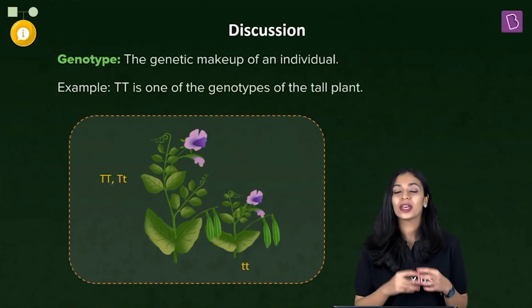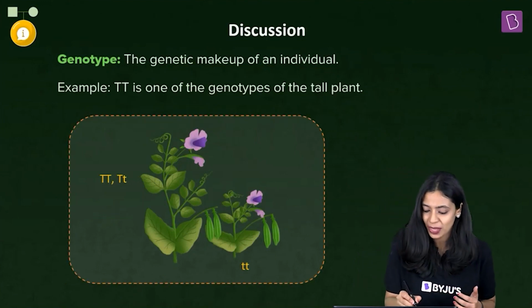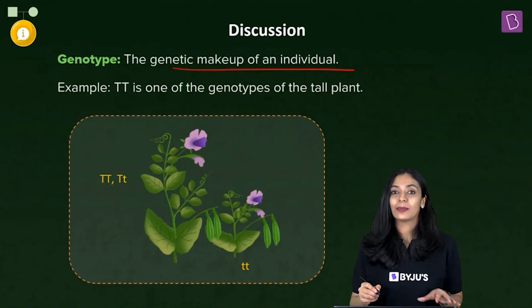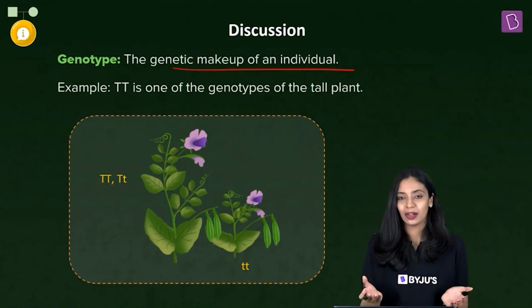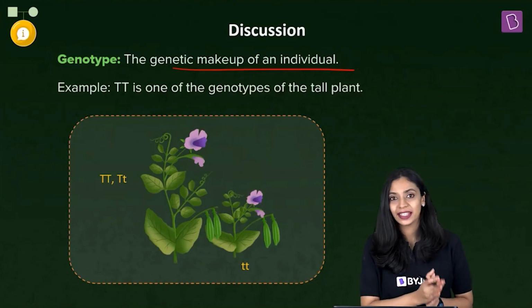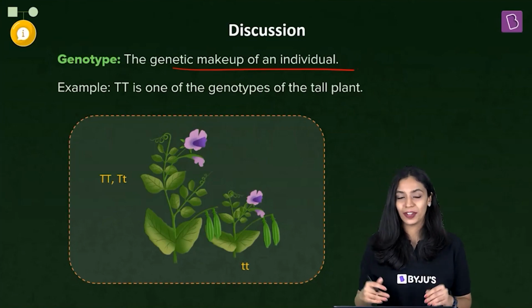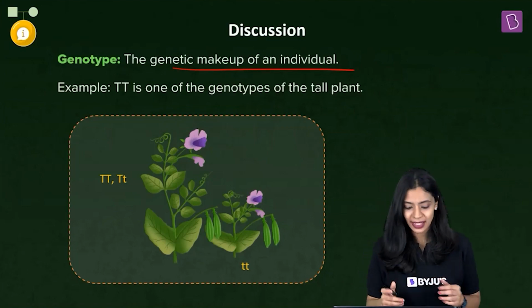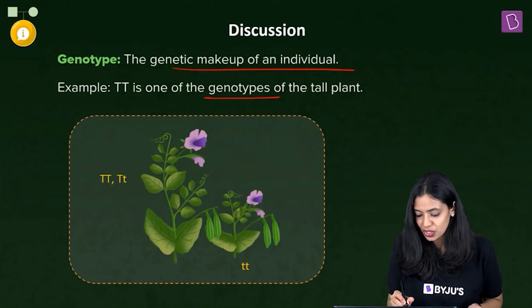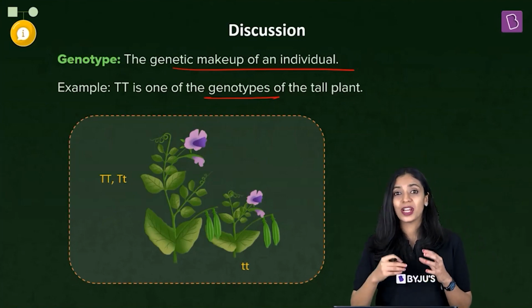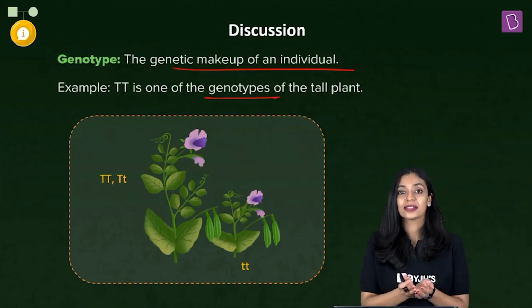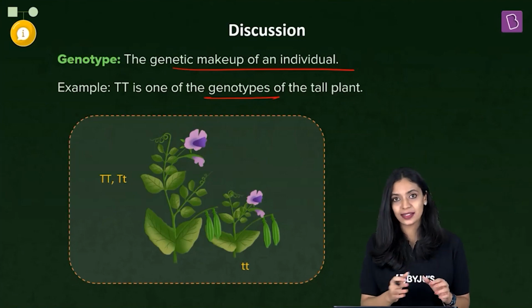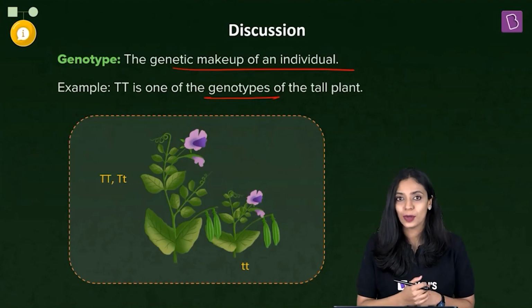What is a genotype? Genotype is the genetic makeup of the individual. For example, talking about the height of a pea plant again, it could be tall or it could be dwarf, right? Whether it is homozygous or heterozygous, dominant or recessive, that is the genotype of the plant, present within every one of the pea plant's cells in its DNA. So that is the genotype, which you cannot observe from the outside.